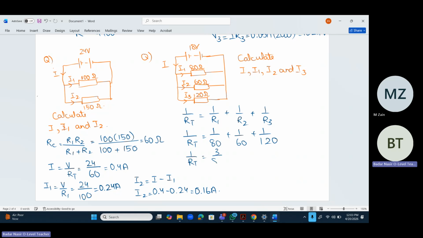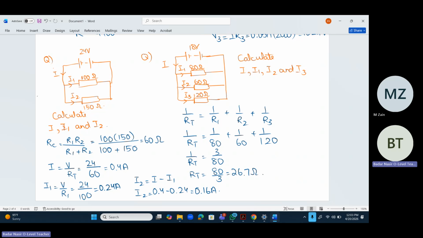Then we take the reciprocal, which is 80 over 3, or 26.7. The rest is just the same. You use the formula I equals V over R, 18 divided by 26.7.